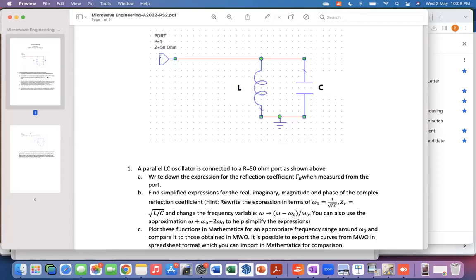We've just connected a port to a parallel LC circuit, and the idea was to write down some simplified expressions for the reflection coefficient, and to extract some useful quantities like the resonant frequency, of course, is trivial, but looking at the shape of the response of the reflection coefficient in real and imaginary, and then identifying some special points.